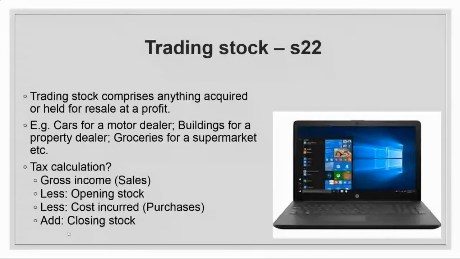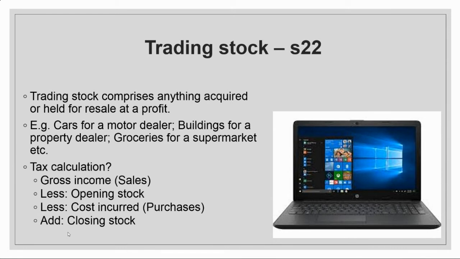So that would include transportation, any importation cost, any assembly cost that you need to incur. And then you would add back the closing stock to your calculation to work out what is the deduction in your tax calculation for the year.